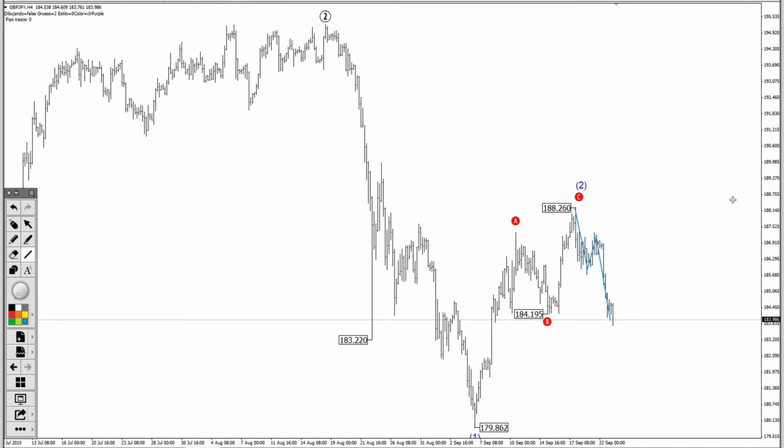So very large degree reversal if my wave count is correct, and we can expect much lower figures in this pair. If I remember correctly, the previous fourth wave is around 146, so this is quite a long way to go down if this is correct.